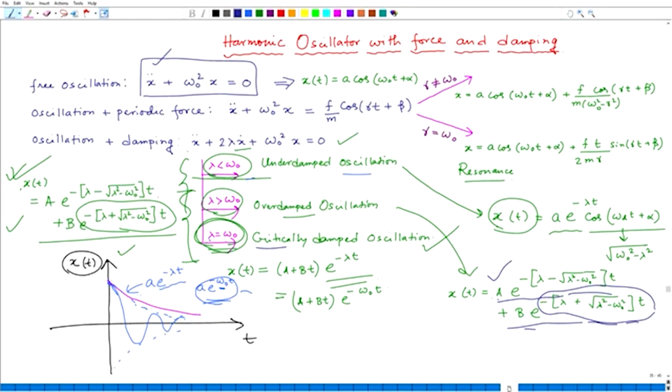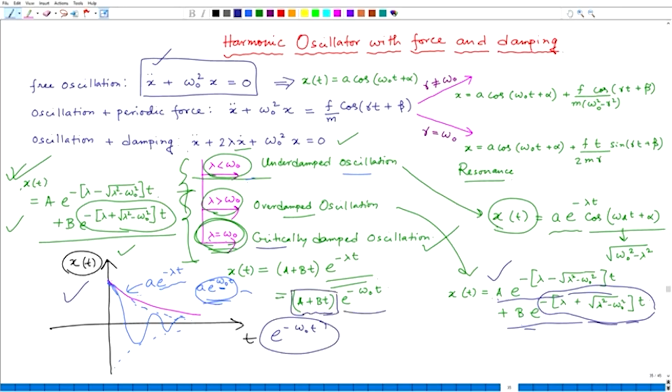So once you fix your oscillator, its natural frequency is fixed. And that is why for the critically damped case you have, for the first time, a damping rate exactly proportional to e to the power minus omega 0 t, and for large values this other part does not dominate.